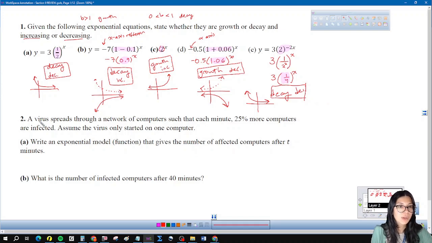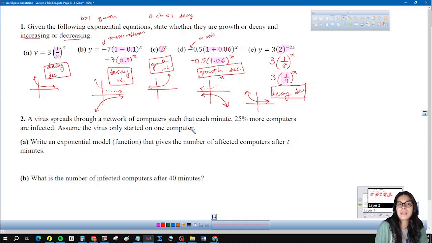All right, number 2. A virus spreads through a network of computers such that each minute, 25% more computers are infected. Assume that the virus only started on one computer. Now, you want to be careful here because they're saying in the question that it is infected, which might make you think that it is decreasing.